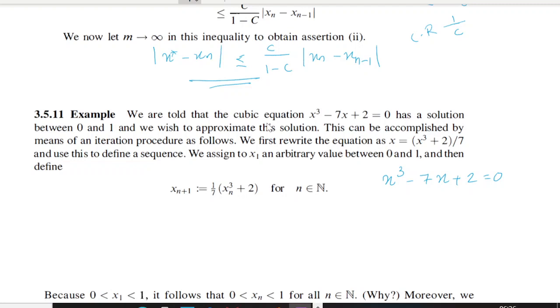So first we rewrite the equation. We will write this as x = (x³ + 2)/7. When you reduce it, it will become the same equation, right? So we have written it like this and use this to define a sequence. Using this, we will define the nth term.